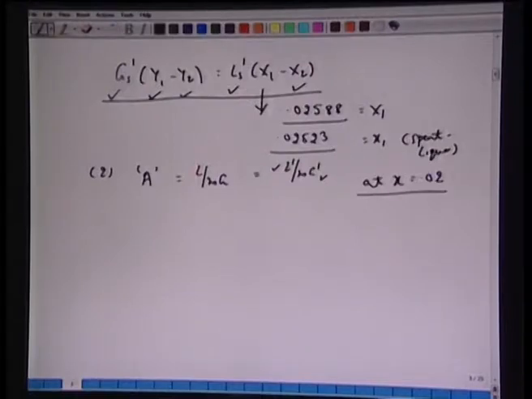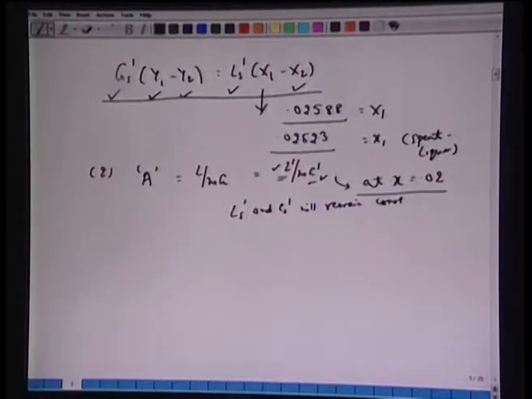So, make a note here that L prime will change along the column, G prime will also change along the column. Ls prime and Gs prime will remain the same, will remain constant. But L prime and G prime will change. So, the question is to calculate this quantity at x equal to 0.02.